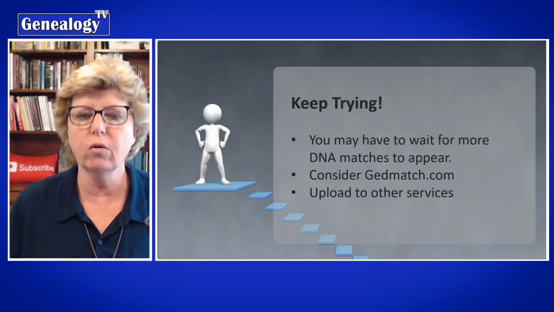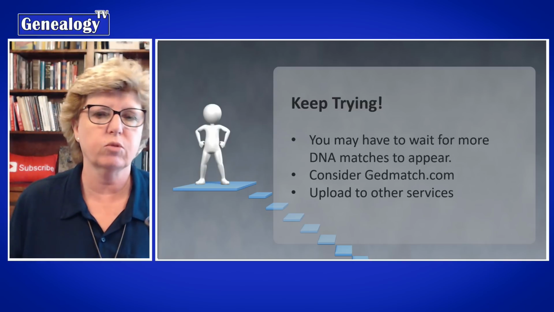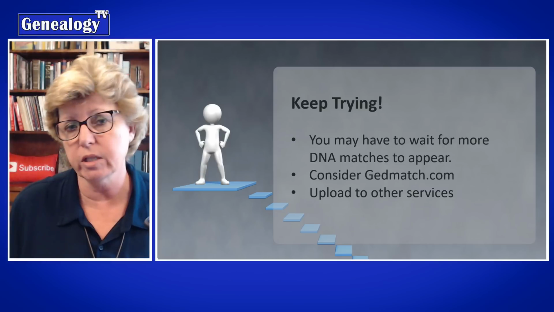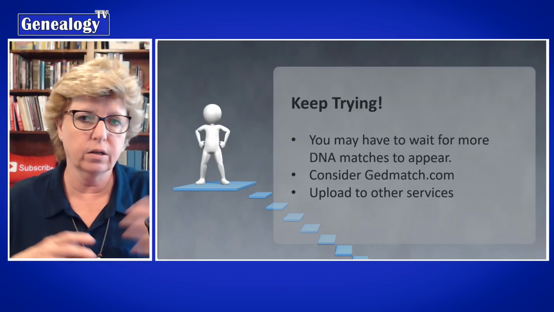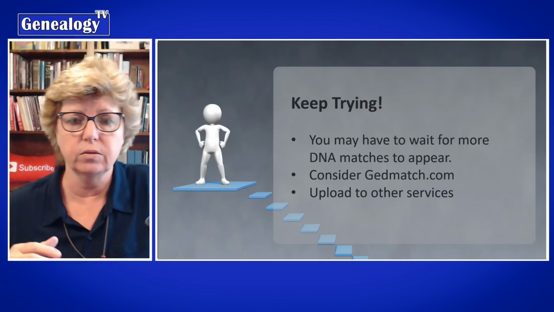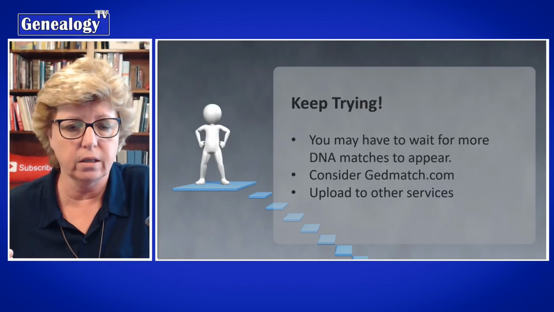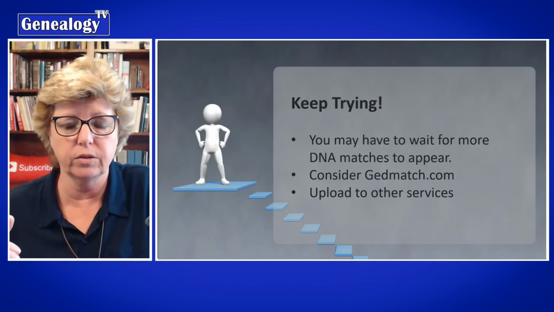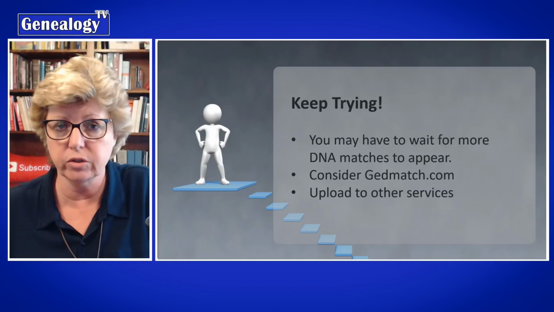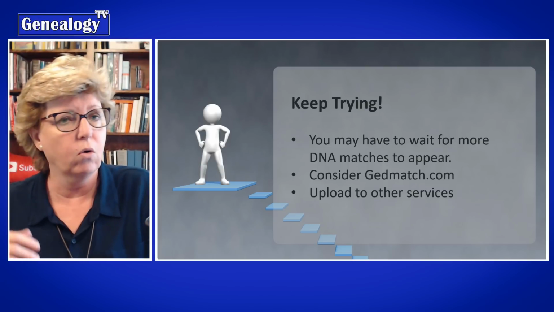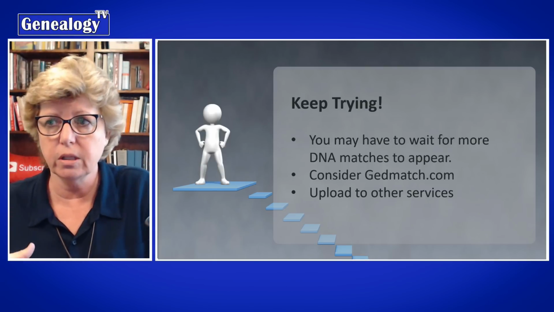So if you don't find success with this, keep trying. You may have to wait for more cousin matches to show up. And you can consider uploading your DNA to other services. I've got another video about how to download your raw DNA from Ancestry. You can then upload it to another service like GEDmatch or MyHeritage or some of the other services.